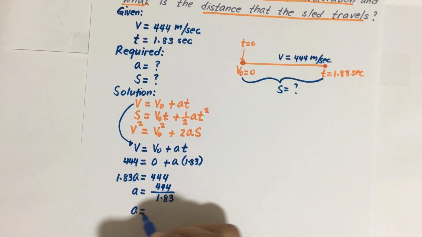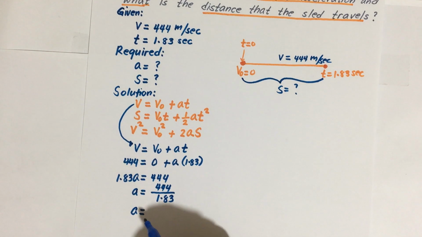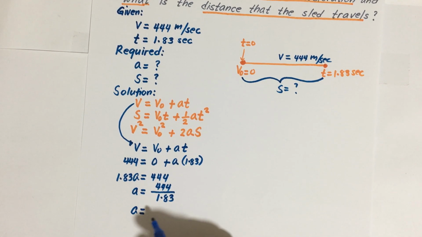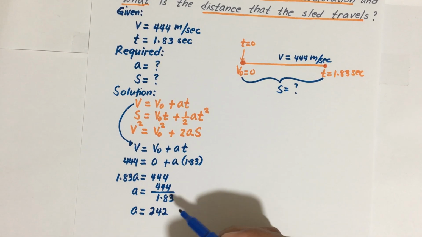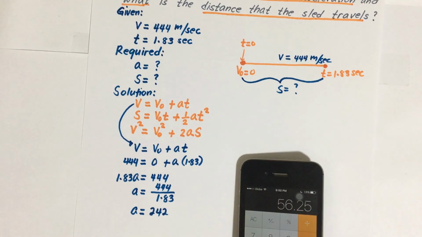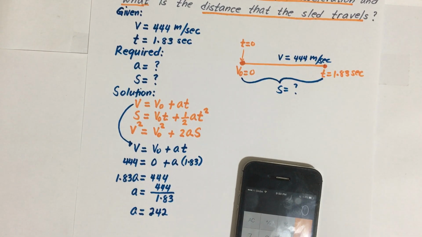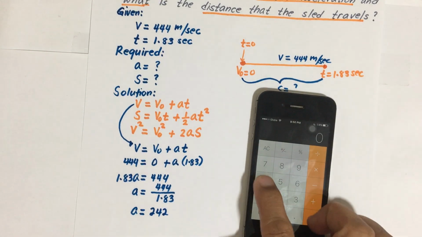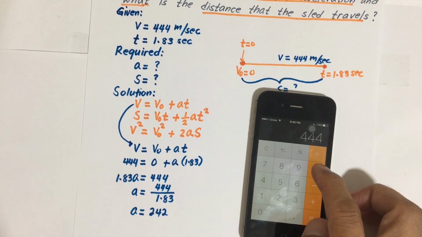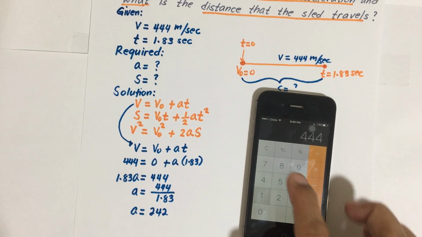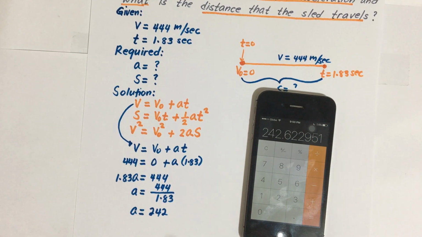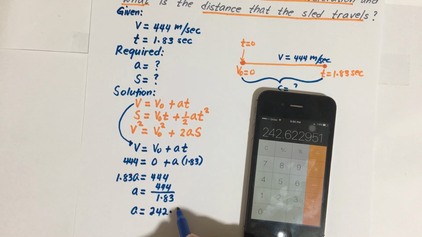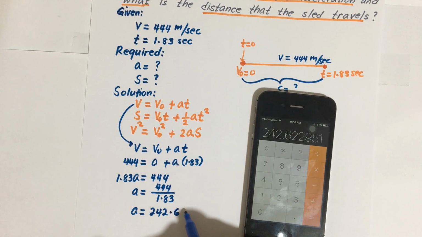So a is equal to how much? 444 divided by 1.83 is equal to 242.62. So what is the unit?